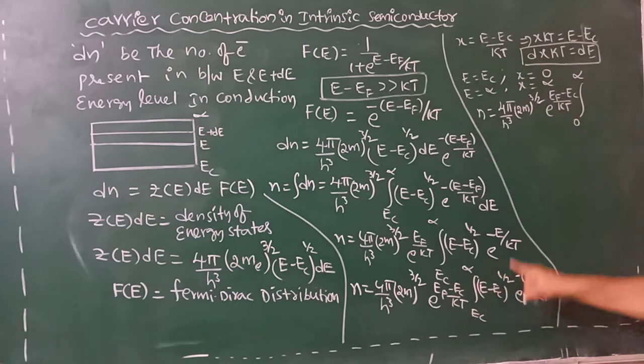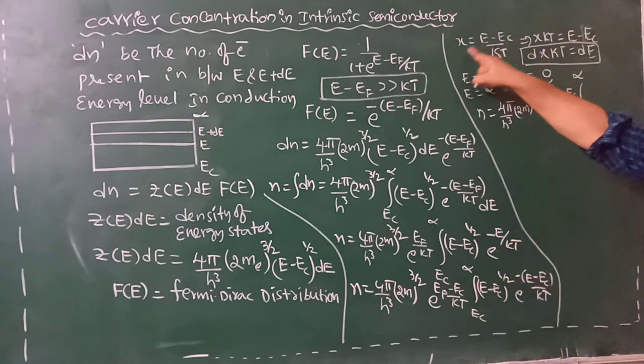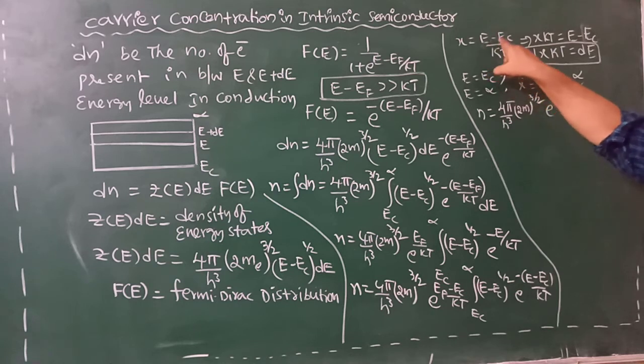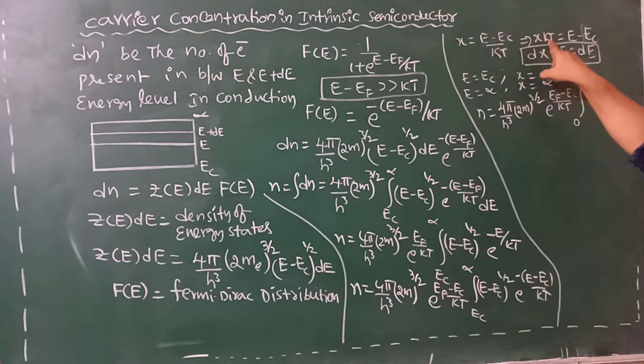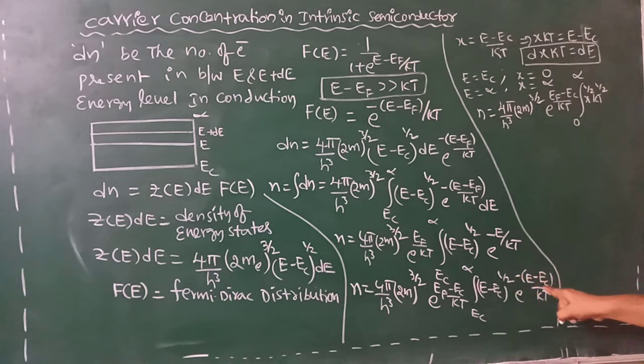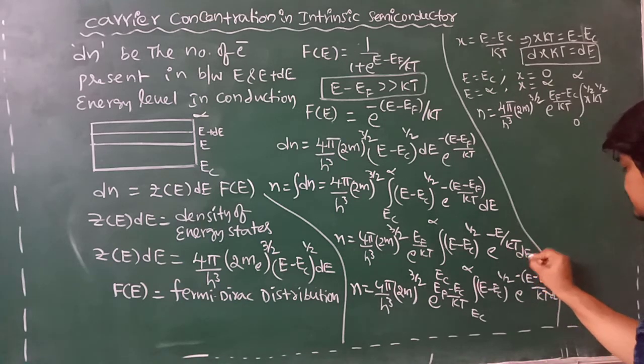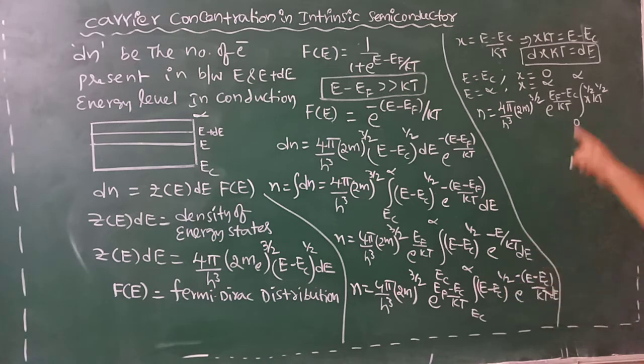(E minus Ec) whole power 1 by 2: since x equals (E minus Ec) by kT, E minus Ec is x kT, so (E minus Ec) power 1 by 2 is x power 1 by 2 kT power 1 by 2. Now e power minus Ec by kT, and here also dE is there. Now x power 1 by 2, kT power 1 by 2, e power minus x, and dE we can write as kT dx.